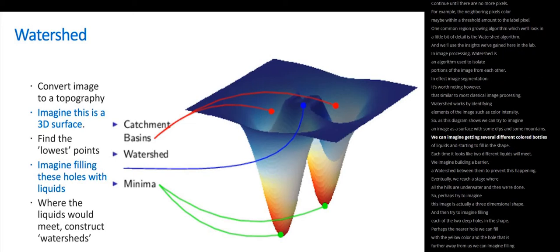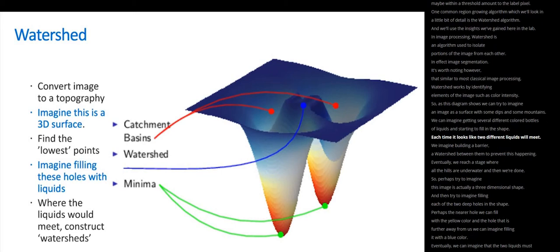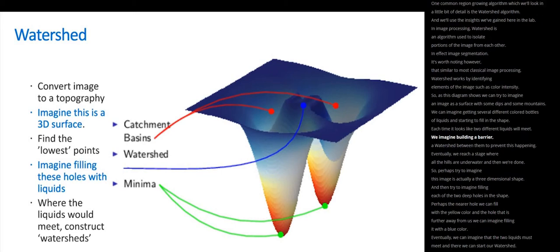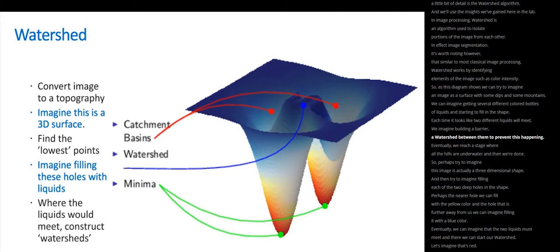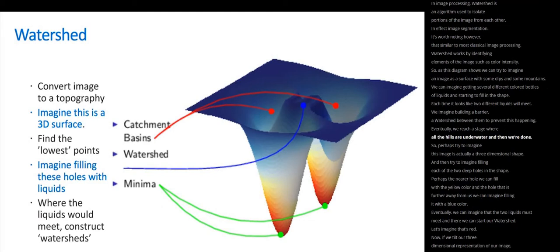We can imagine getting several different coloured bottles of liquids and starting to fill in the shape. Each time it looks like two different liquids will meet, we imagine building a barrier, a watershed, between them to prevent this happening. Eventually we reach a stage where all the hills are underwater, and then we're done.